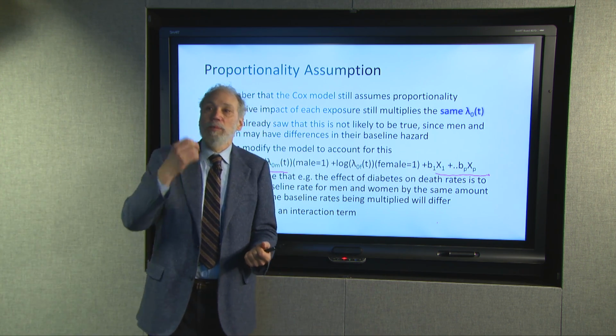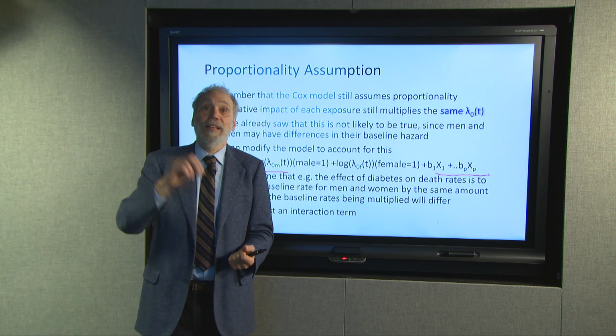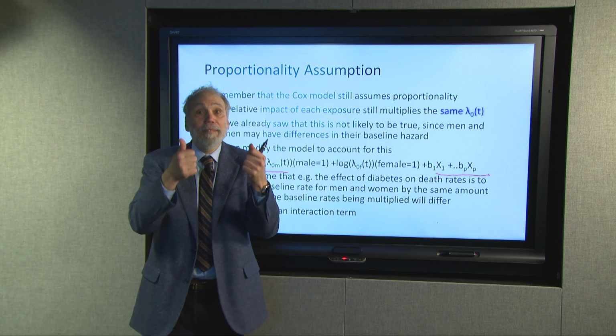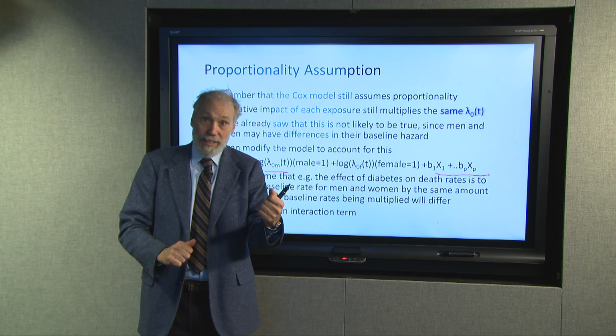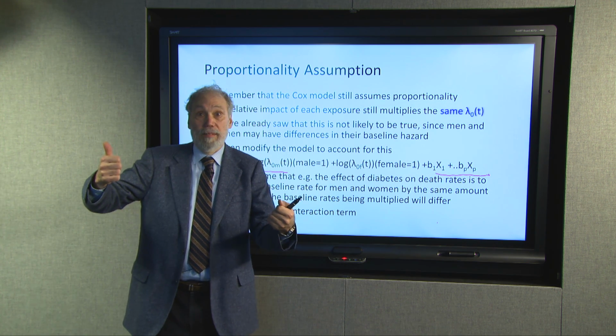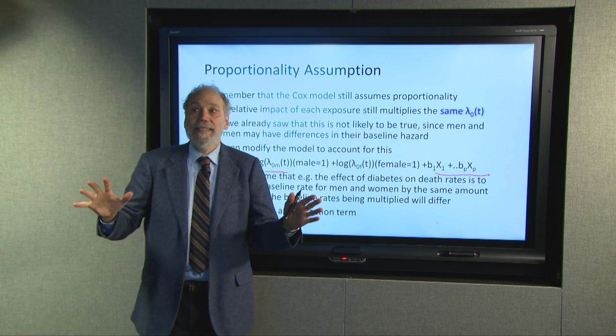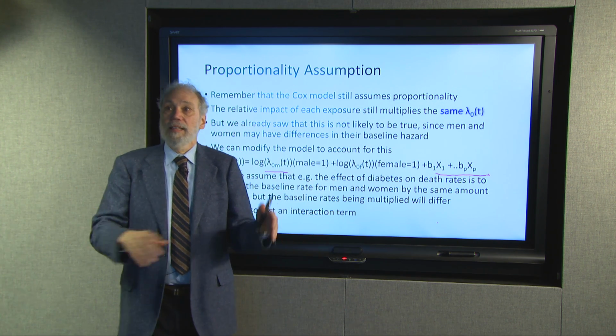Then I take 1.15 times the risk in men and 1.15 times the risk in women, but that baseline risk in men that gets multiplied by 1.15 can be a different number than the one in women. Okay? So that's how we deal with the lack of proportionality.